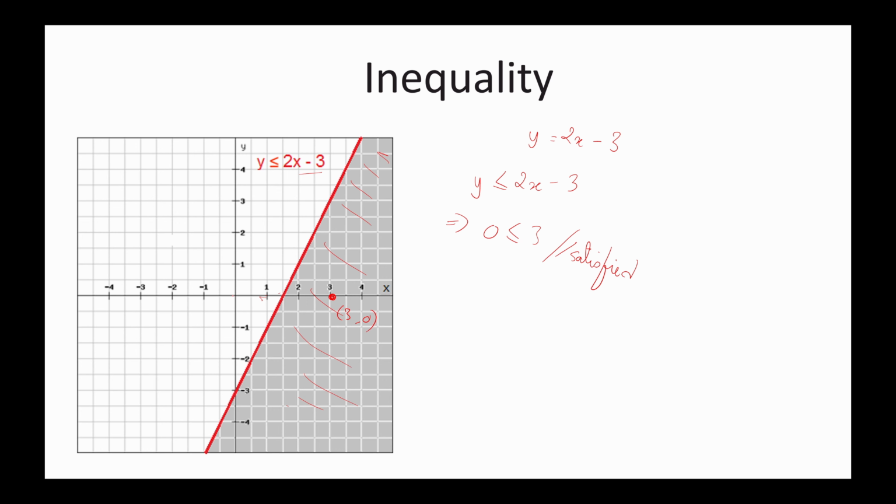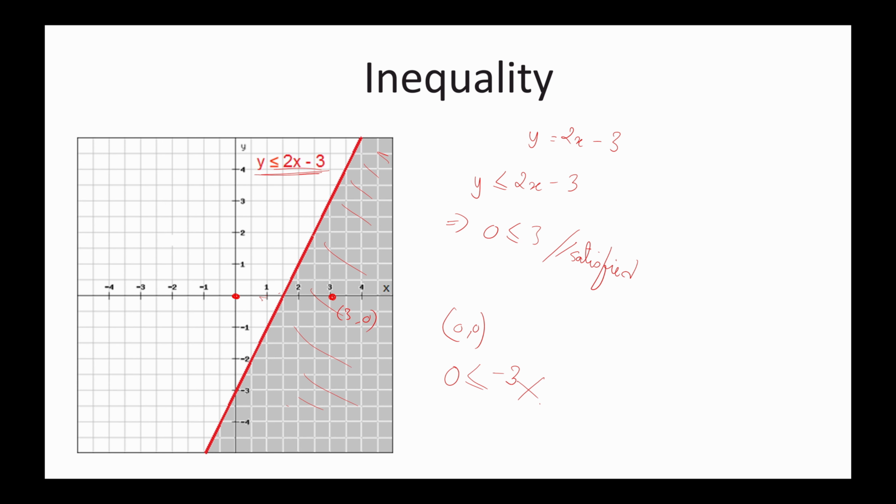Let's say I was to take the origin and check whether it lies in our inequality area or not. If I take the origin and put it in the equation, it becomes 0 less than or equal to minus 3, which is incorrect. So that means this portion does not satisfy our equation, and the portion on the other side becomes our answer. Another way of looking at this is that they have given us y is less than 2x minus 3. That means you always have to choose the values below this line.